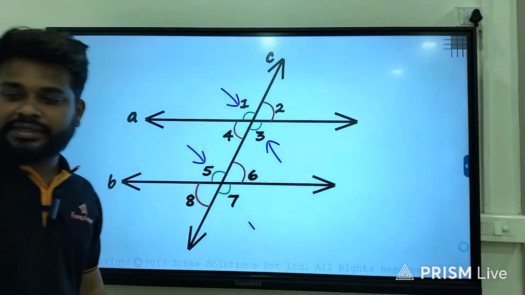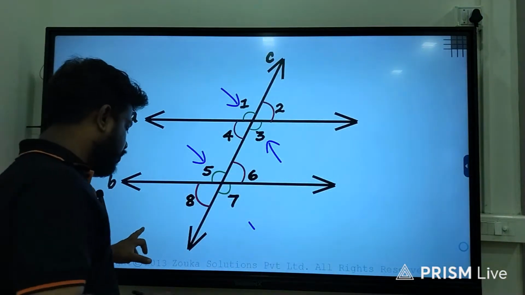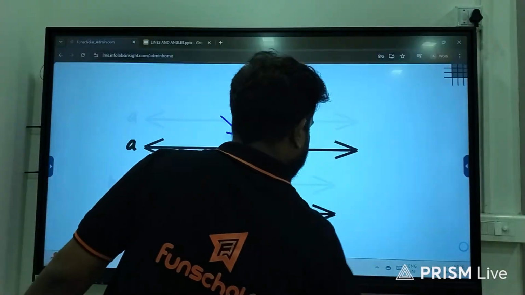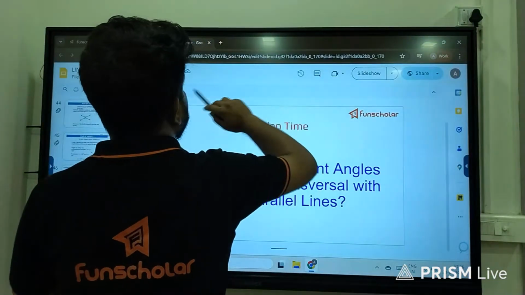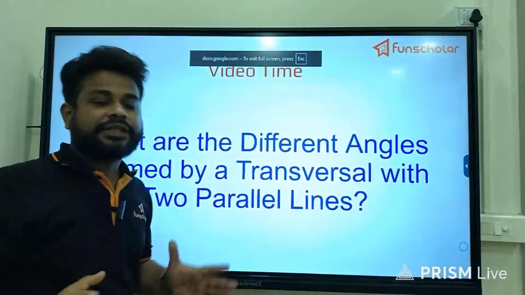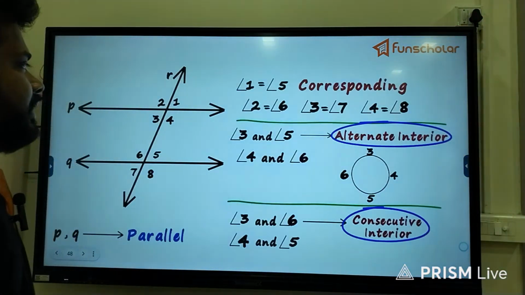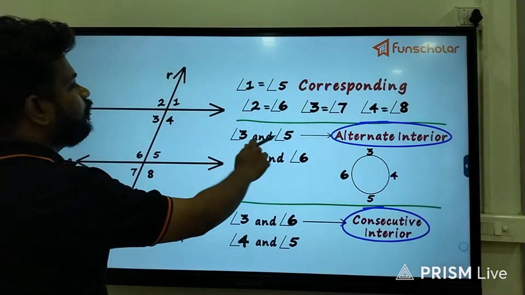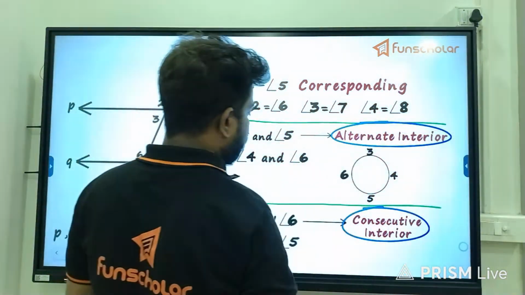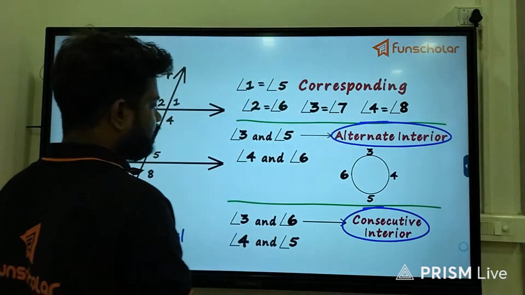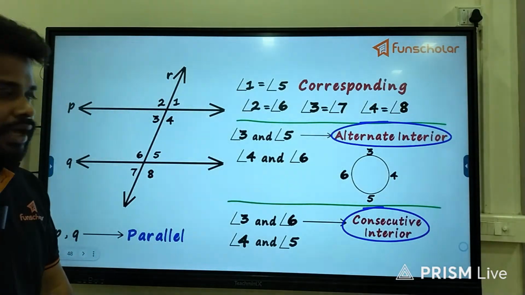Okay, so this is the whole point of the discussion, and the application of all of this video will be here. So 3 and 4 will be called the alternate interior angles, and 3 and 6 will be called the consecutive interior angles.